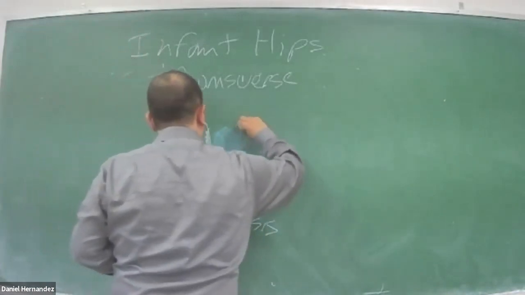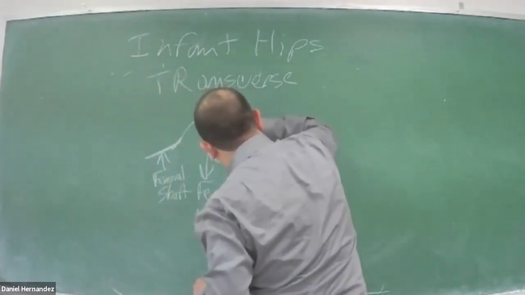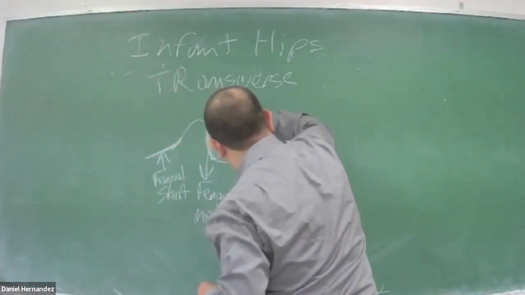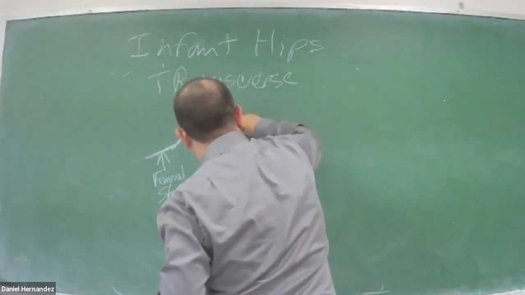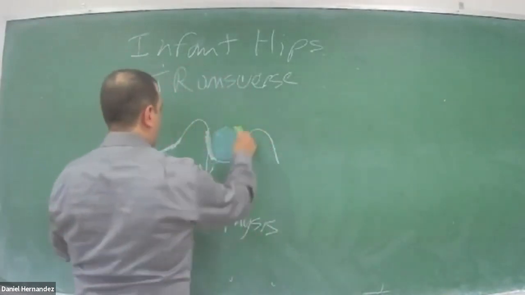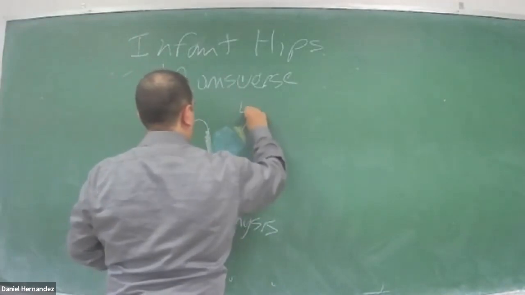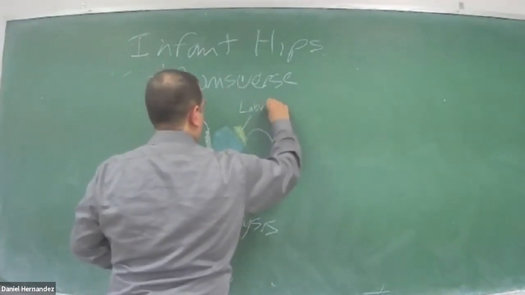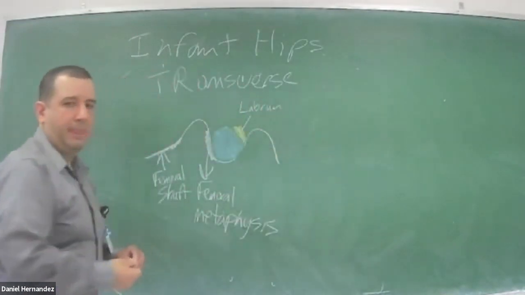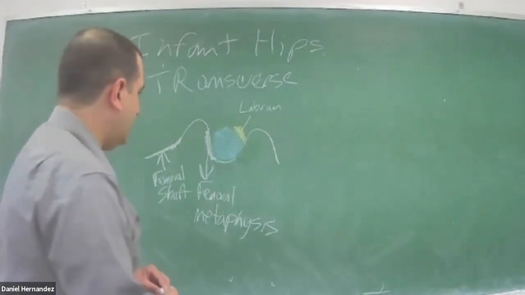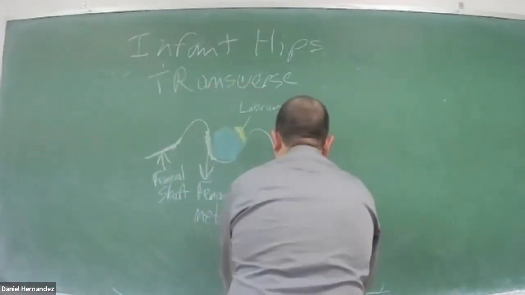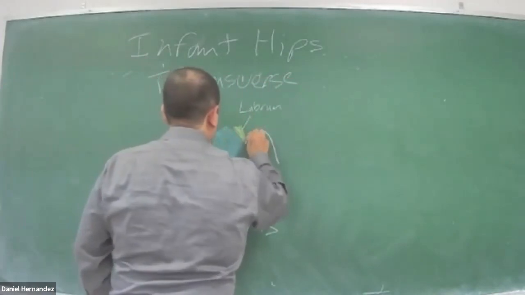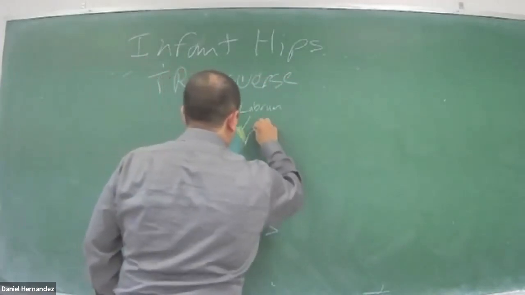Here we now have our labrum. This bony structure over here is going to be our ischium.